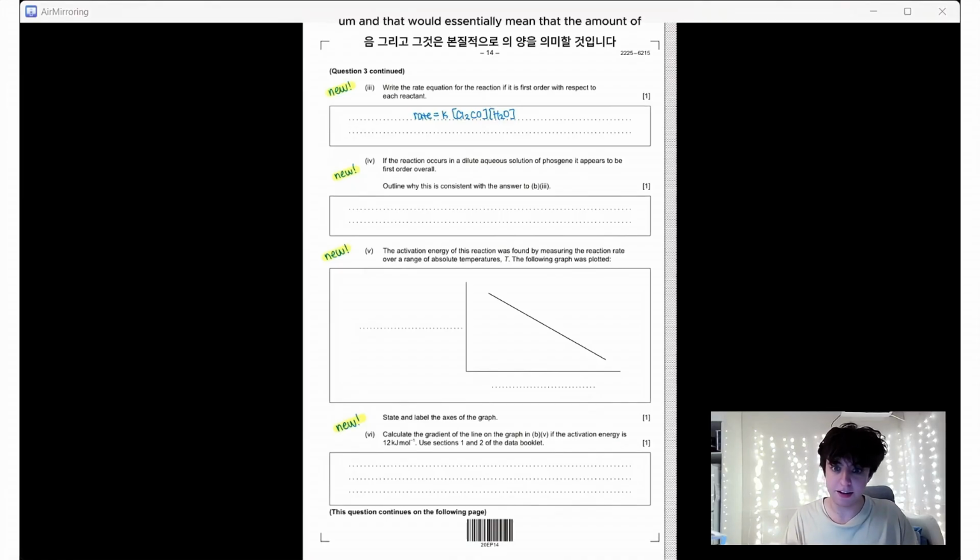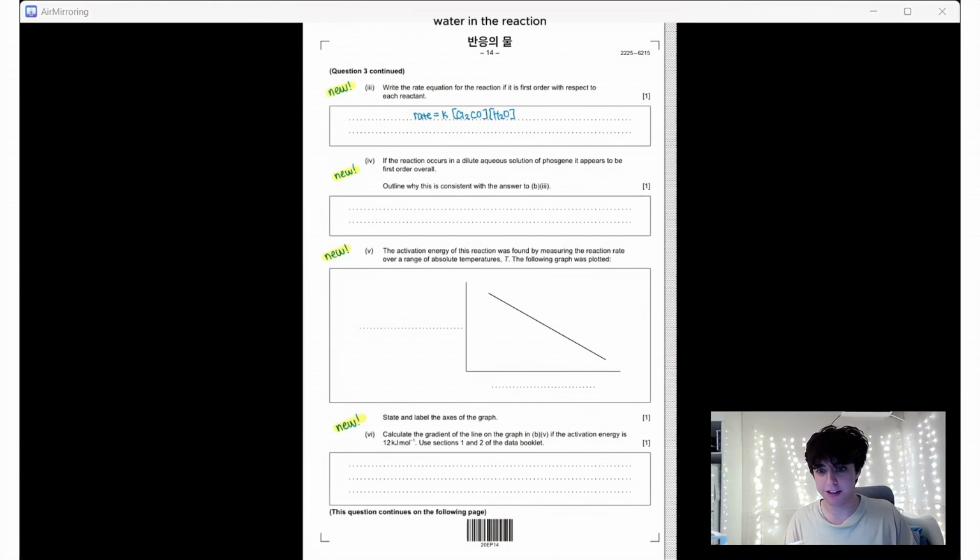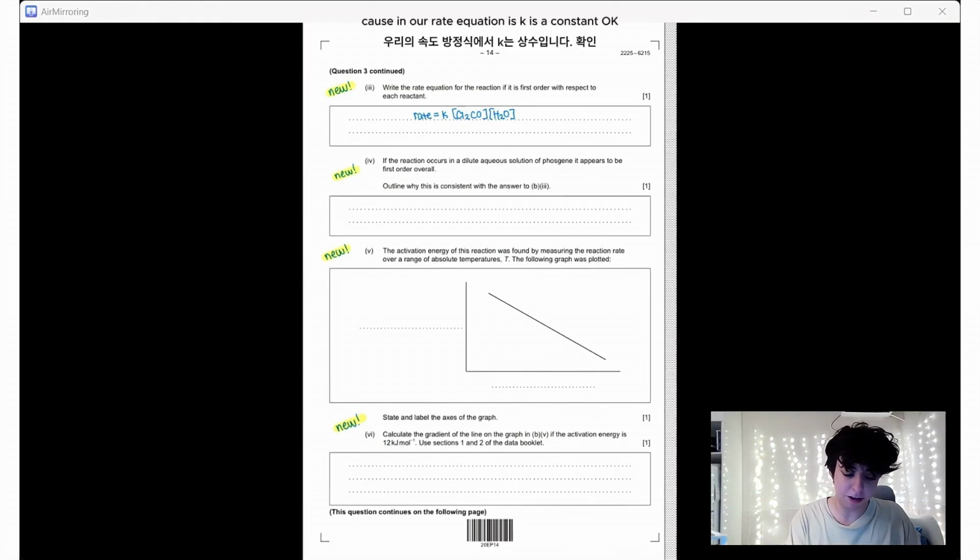Okay. And that would essentially mean that the amount of water in the reaction is staying constant the whole time. In our rate equation, k is a constant. The only reason why these two are here is because they're constantly changing, right? They're not constant, but k is constant.